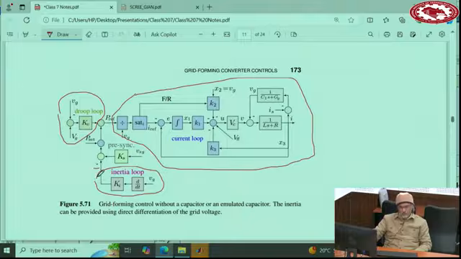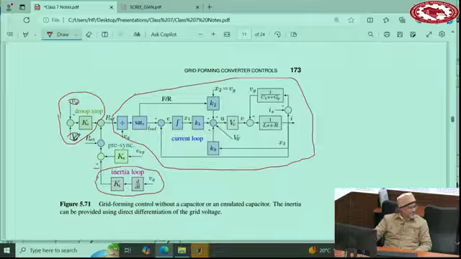So that's one approach. It's not necessarily providing voltage, but the fact that it brings this droop term here says I will try to keep this voltage close to this one.